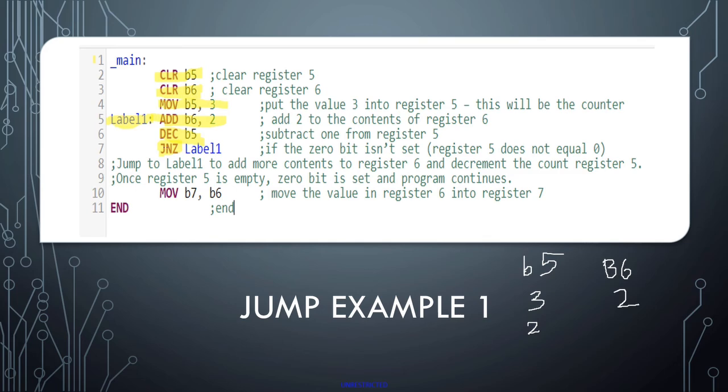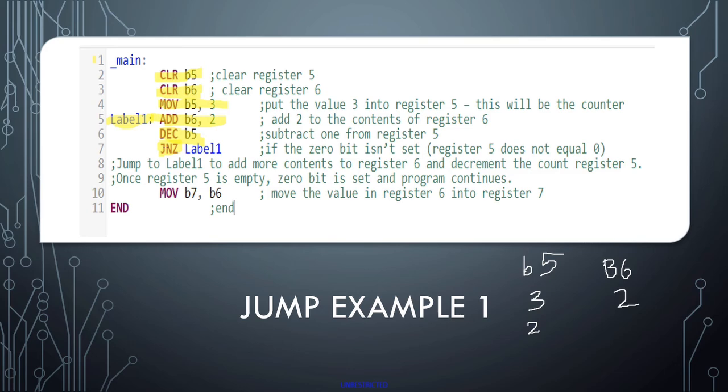If B5 does equal 0, we'll move forward with the next line of code. So the register B5 is essentially acting as a counter for us. We have the value of 3 in there, the initial value that we put in there. So the value of 2 is going to be added to register 6 3 times. We have that counter.